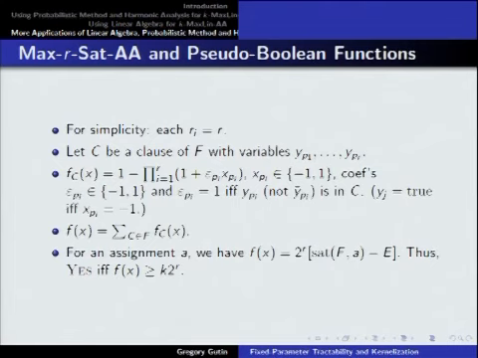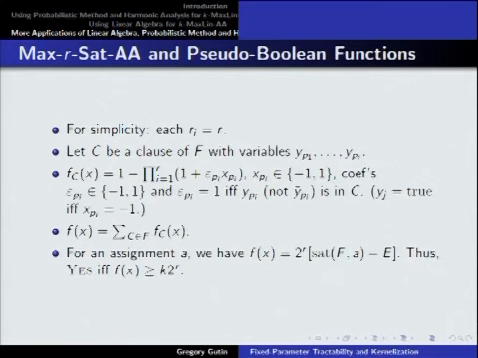Now, after what you saw, it's probably not difficult to figure out what we are going to do. But for simplicity of presentation, I assume that every ri is just r. And so consider a clause with r variables, then we can assign to that clause a pseudo-Boolean function.